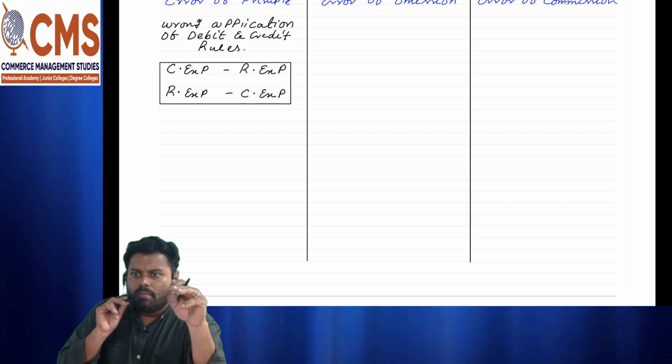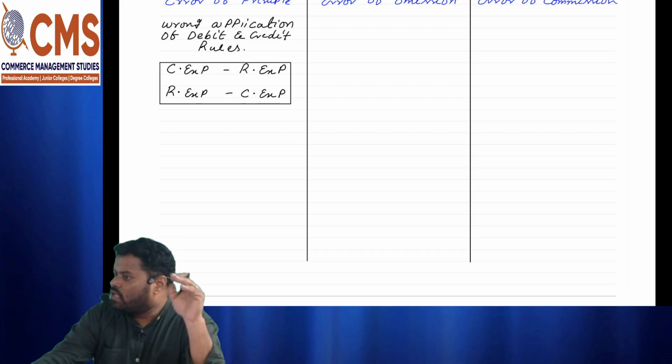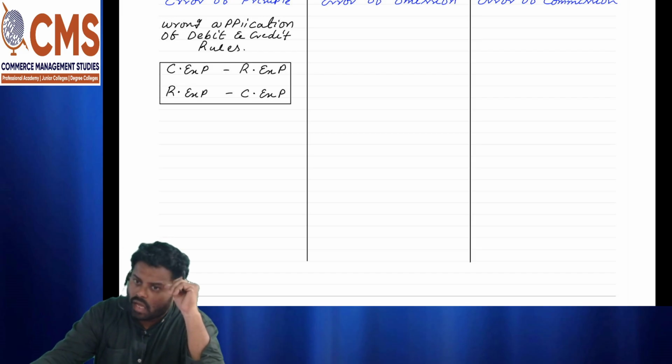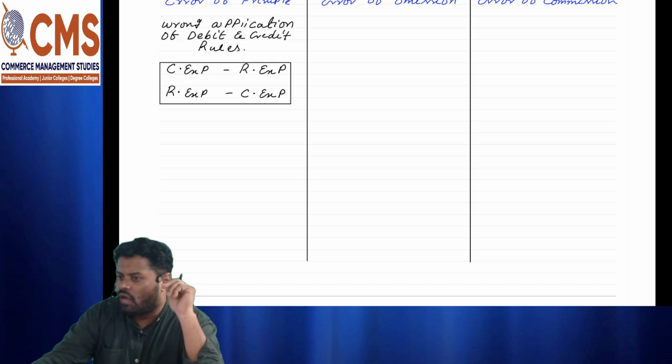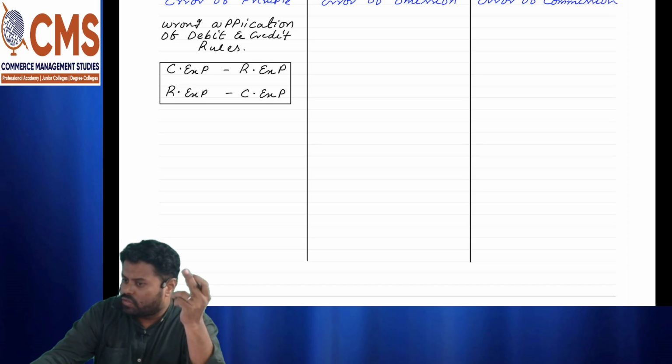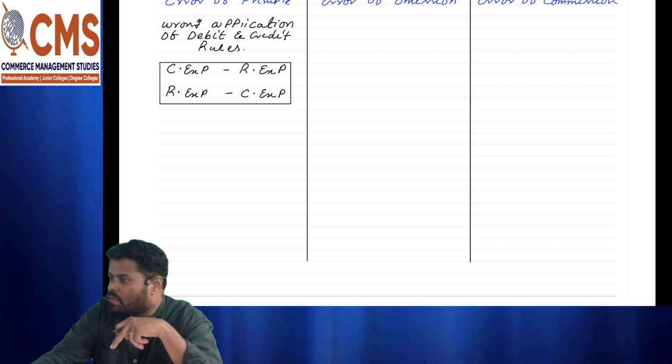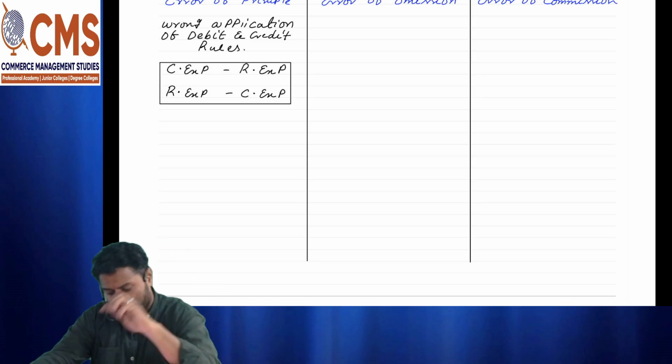Furniture dealer purchases furniture for sale in business. Which account should be used when he purchases furniture for sale? Purchase account. Instead of writing it as purchase account, imagine this guy writes it as furniture. That is an example of revenue expense treated as capital expenditure.